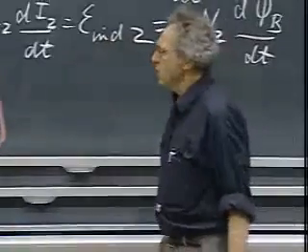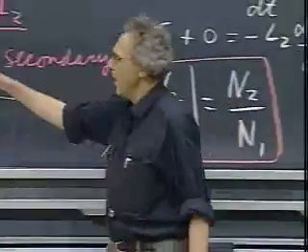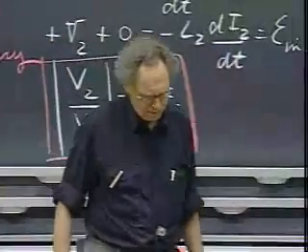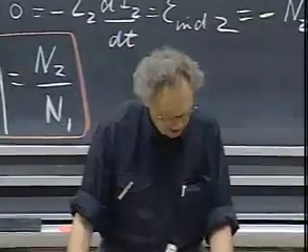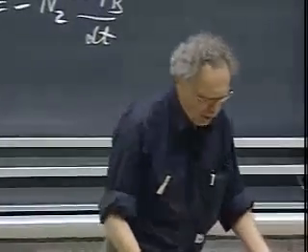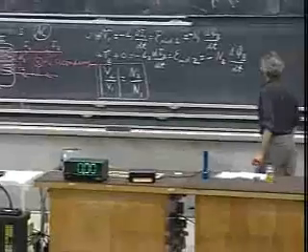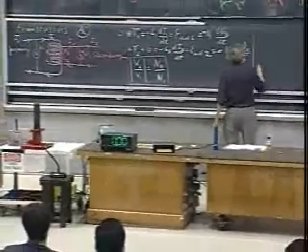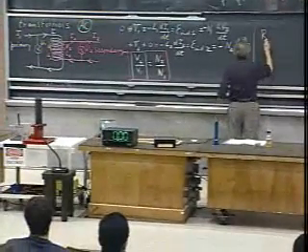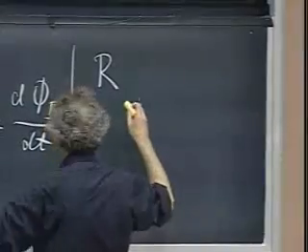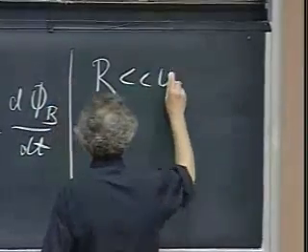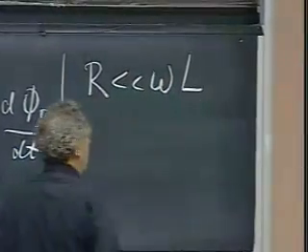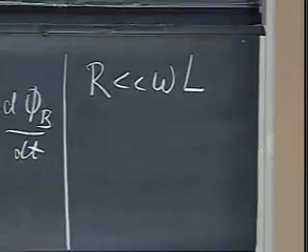To calculate the ratios of the currents I1 and I2 is way more tricky. There are some big ifs. And one big if is that R in the primary and the secondary side is much, much smaller than omega L. That is one if.